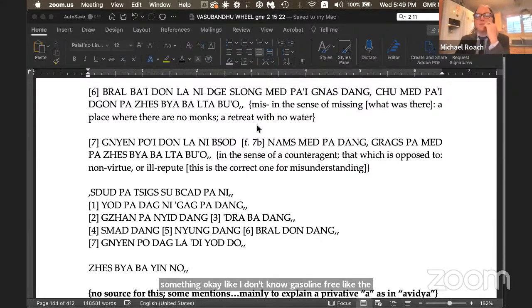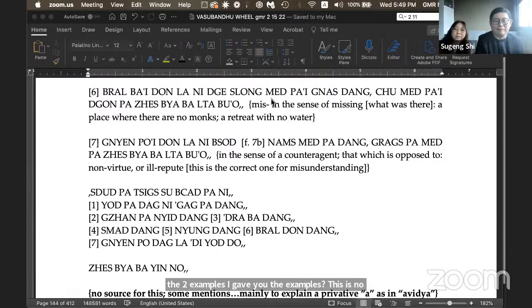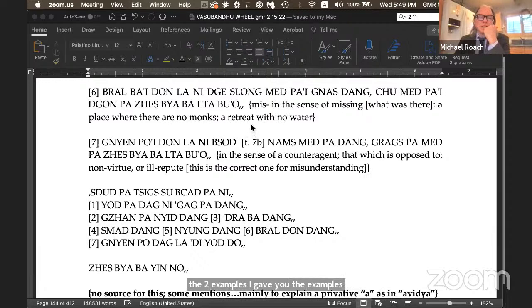Oh yeah, free from the 5 bad kinds of speech, like drunk, crazy, sleeping, repeating somebody else, okay? So anyway, Chala means without. And what are the 2 examples? Oh, I gave you the examples. Gelong Mepa, a place where there's no monks, and a retreat where you have no water, which is what happened to me.